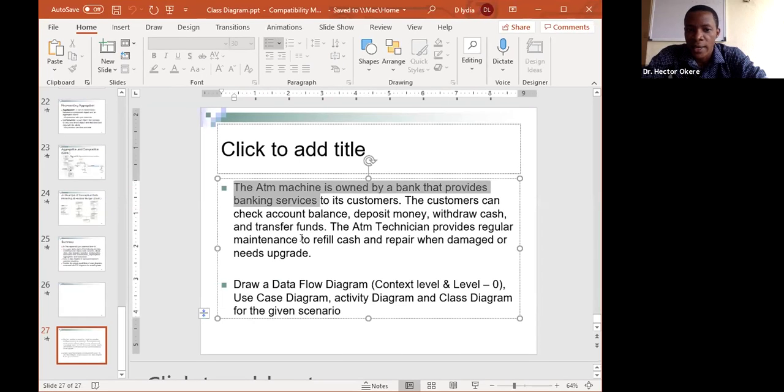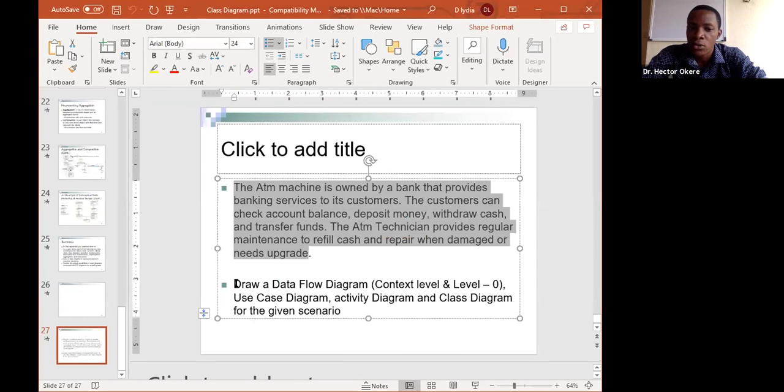This is the work I asked you to do, and I asked you to draw a data flow diagram, use case diagram, activity diagram, and class diagram for the given scenario, all of you. Yes?